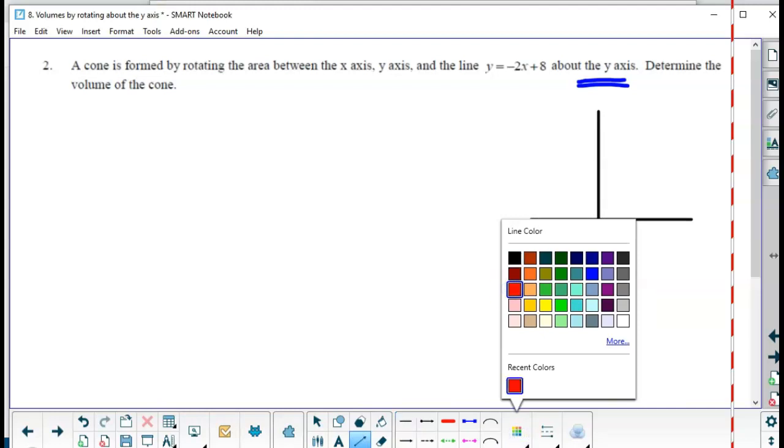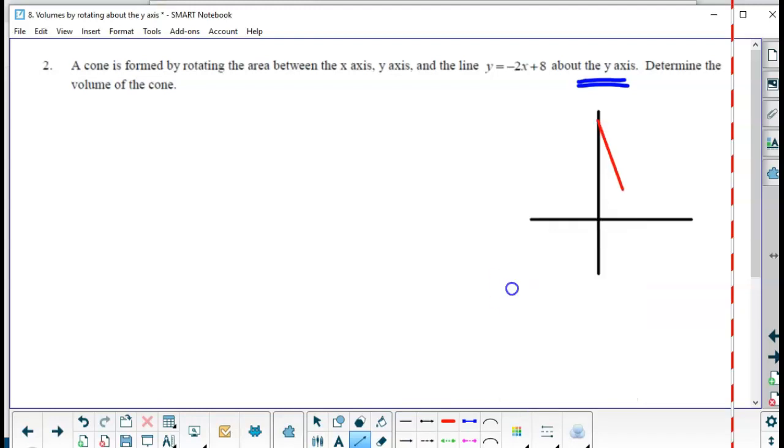Okay, so negative 2x plus 8. So y-intercept of 8, negative slope. So there's your line.